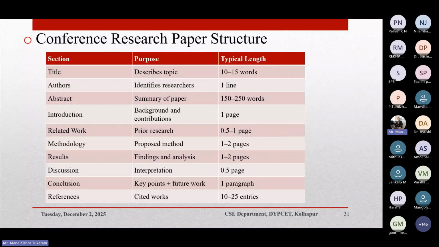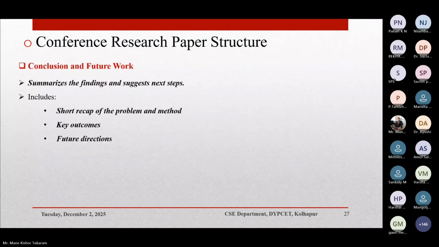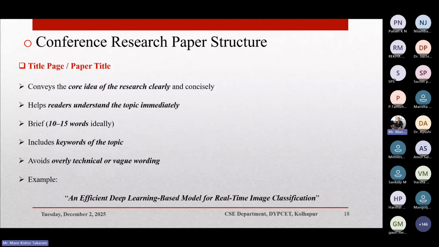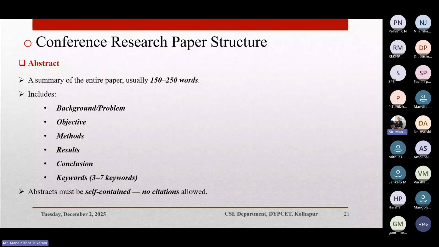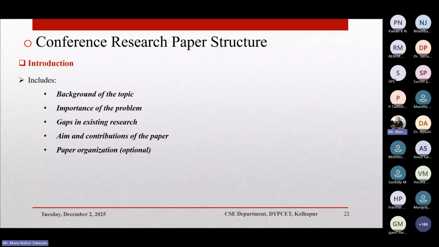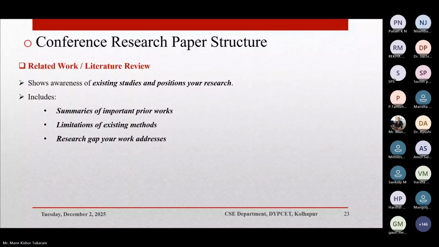Suppose I want to write a conference review paper. Inside the review paper, again, some sections are common. That is, the title is common, then the author information is common, abstract and keywords are again common, and the introduction is common. We have to give more focus to the related work and literature review.